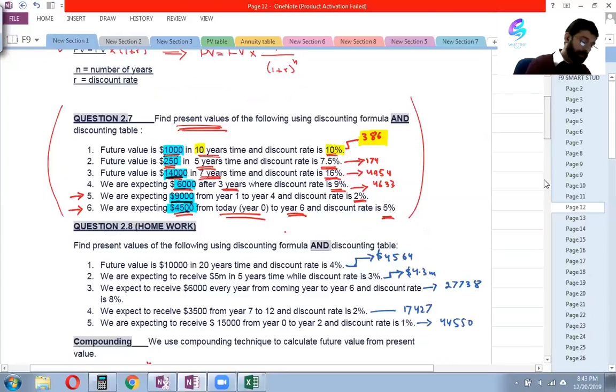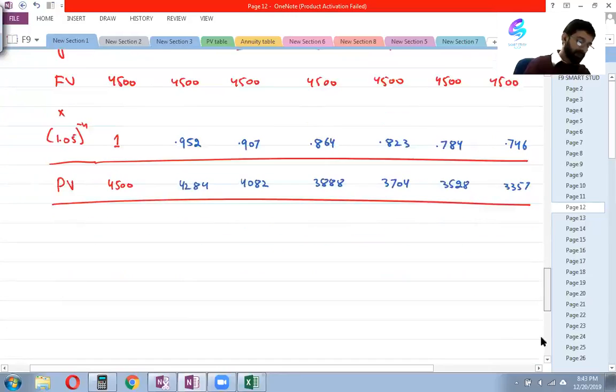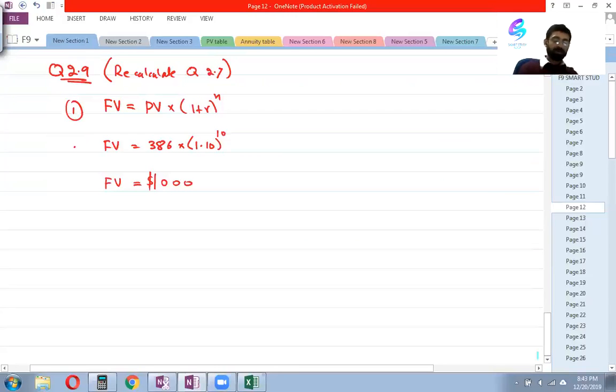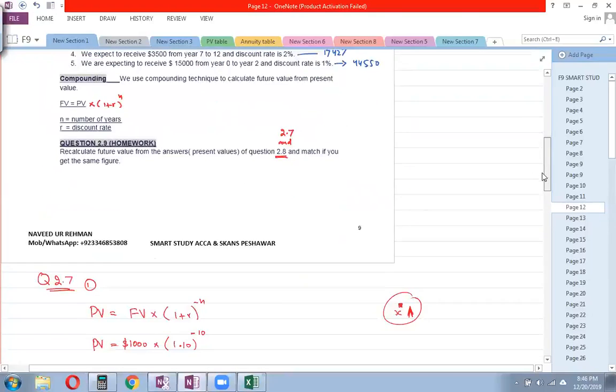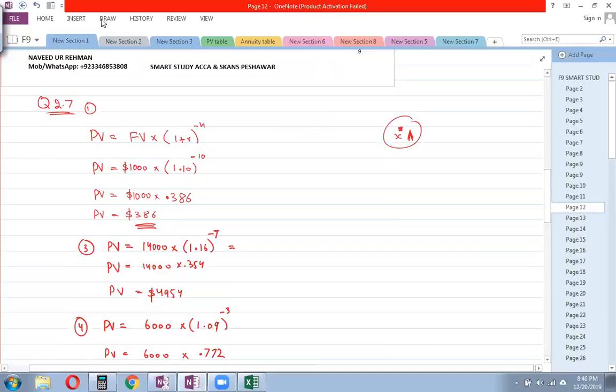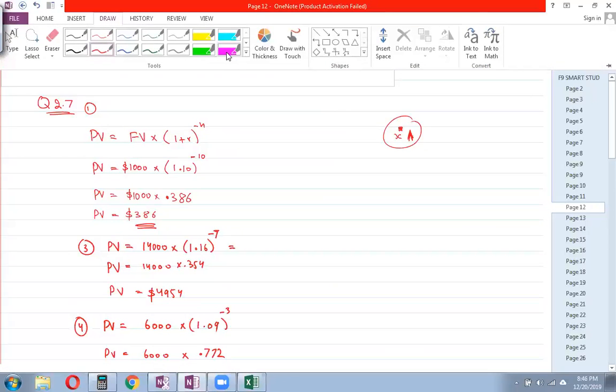So discounting and compounding wasn't difficult at all, but something which you are going to see in your exam, right? We have done it using the formula. We are going to see something different now, and that's the reason I was asking you guys to do it in steps. Can you see this figure here?